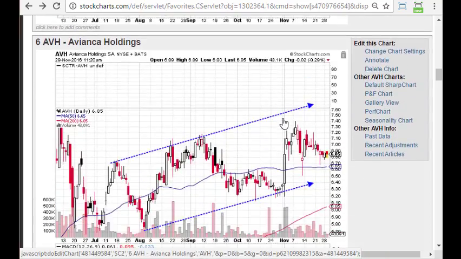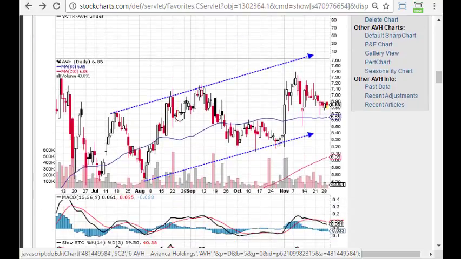Next. So AVH. Again, I don't have a scatter plot to tell me if it's a popular stock. It probably doesn't qualify to be on it yet. But you can see an uptrend. The trend may be weakening because this high is not going all the way to the trend line, but it is still higher than the previous high, so it's still an uptrend.